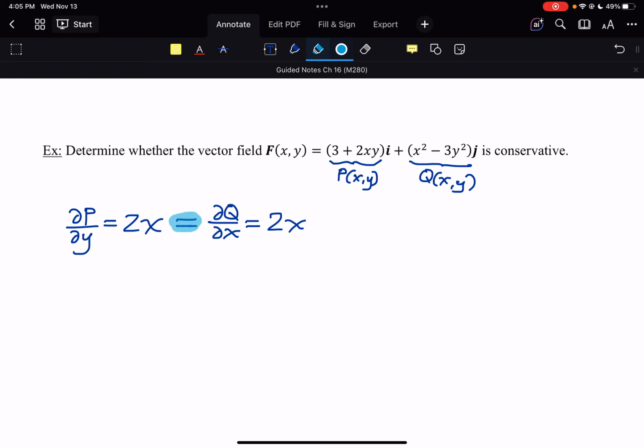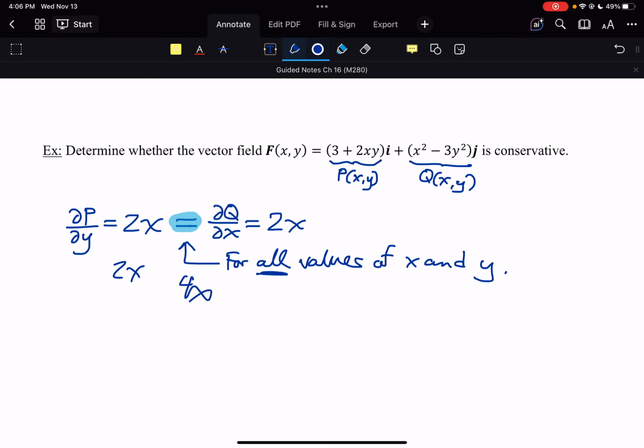These are equal for all values of x and y. And again, this is equal for all values of x and y, not just equal for some. So we can't say that, if we got like 2x and 4x, something like that, oh, well, if I let x be 0, then these things are equal.